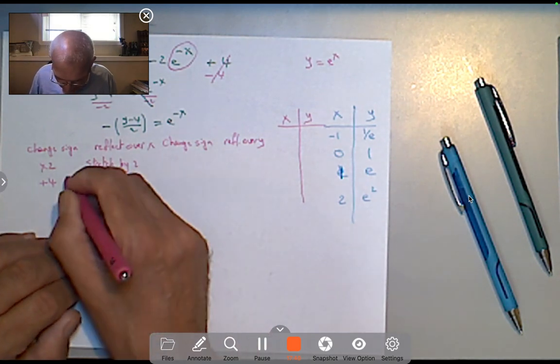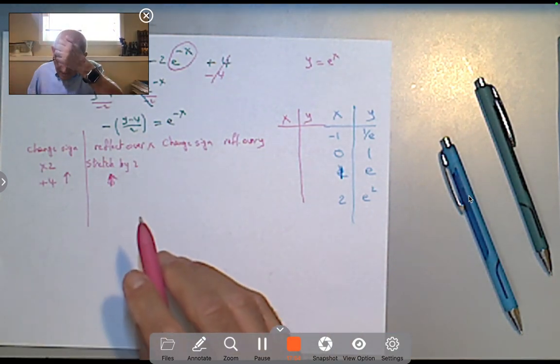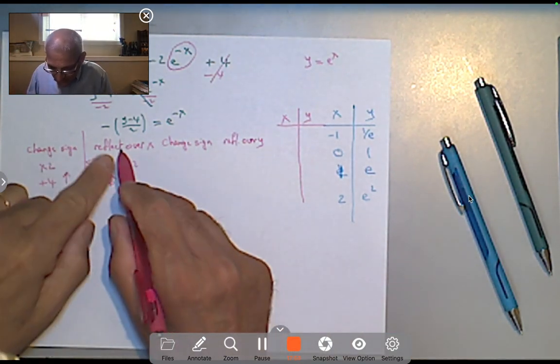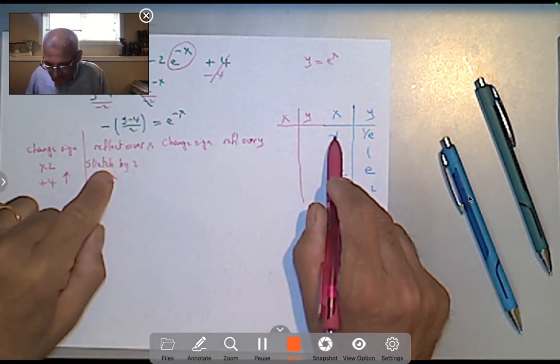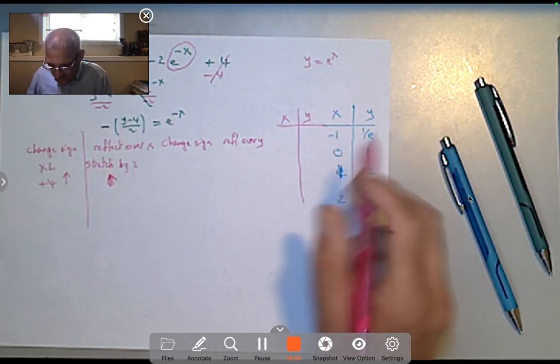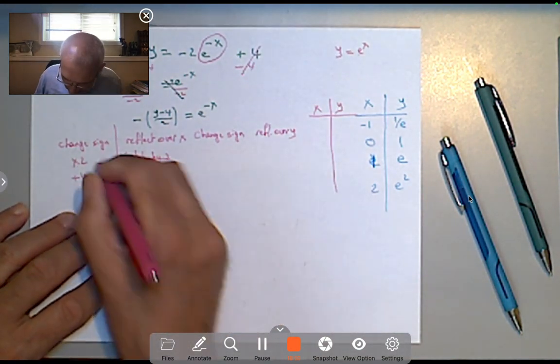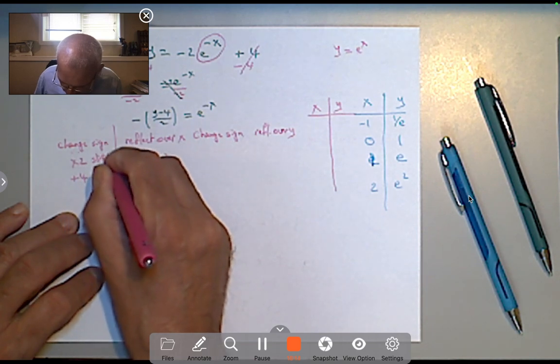This was for this guy, I'm sorry. We have to reflect over the x, so the negative 1 becomes 1, and then stretch by 2. I'm confusing. This is also for the y. I wrote it stretch by 2.